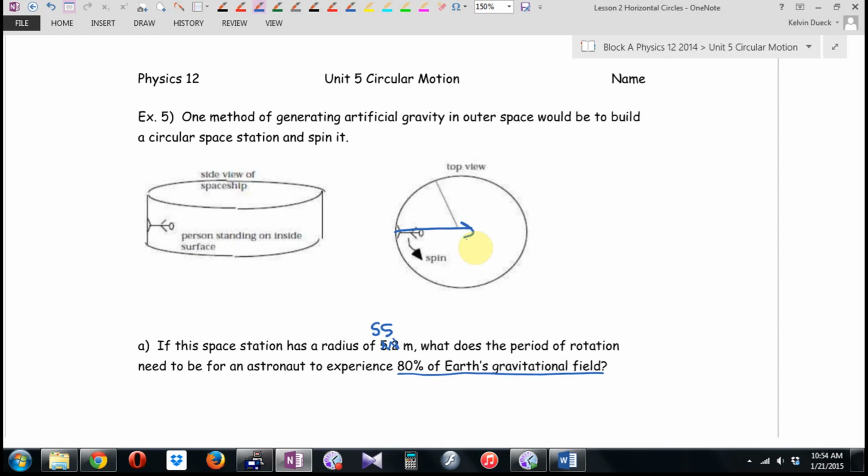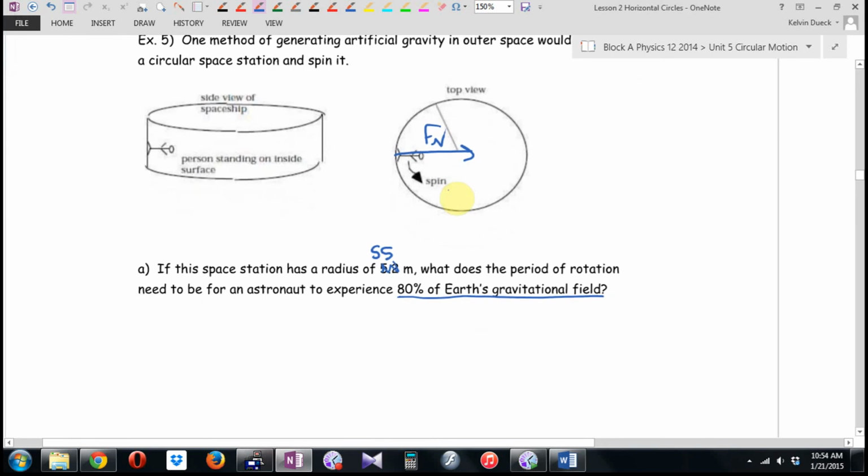That there, the force from the floor. In this case, the normal force is what's pushing you in a circle. And normally, we've often said normal force equals mg. Not quite. What do we want normal force to be? 80% of mg.